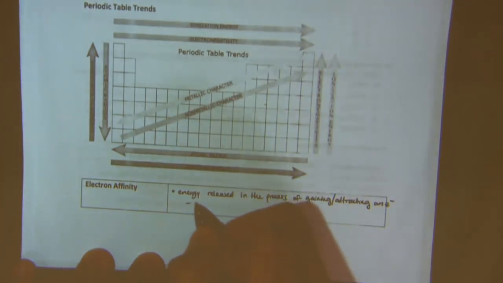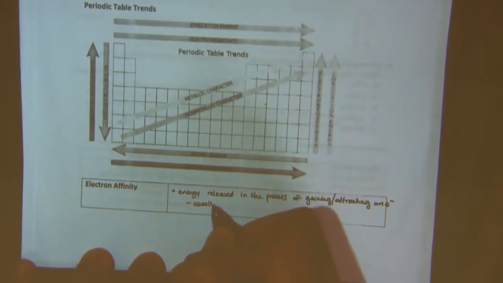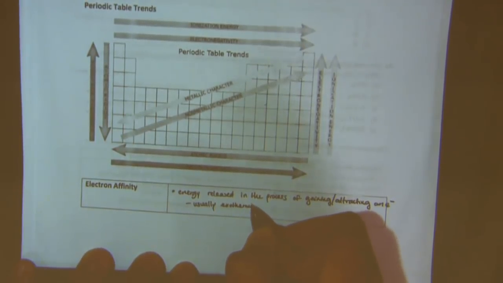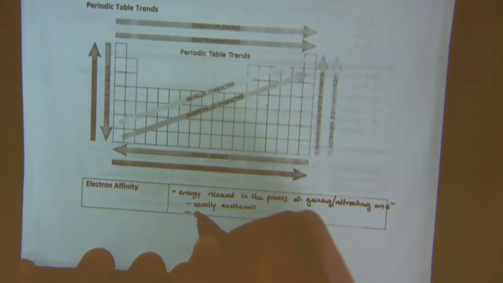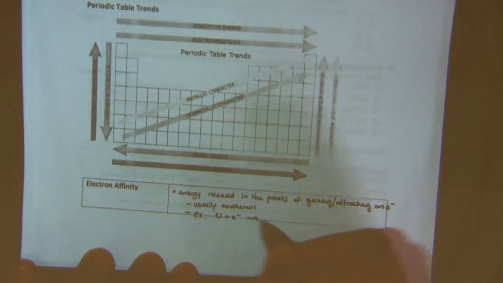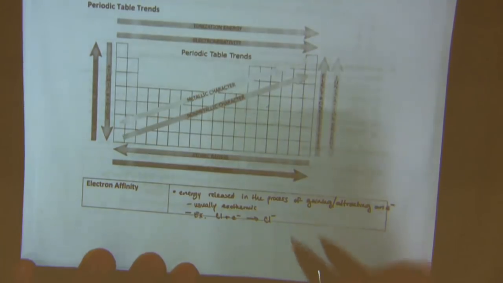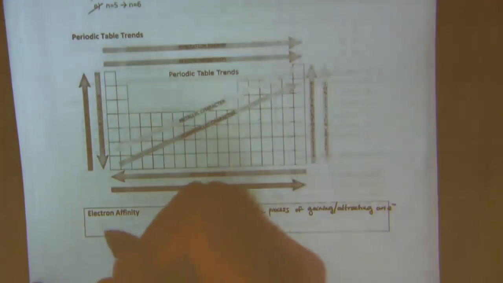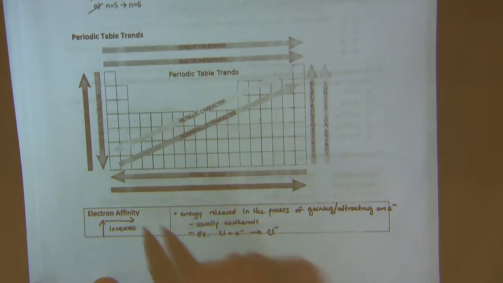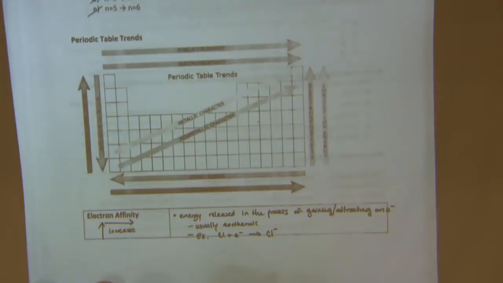So this value is usually exothermic. An example of this would be chlorine abstracting an electron to become an anion. So the trend in which this increases is it increases up and to the right. Okay, do you have any questions on that?